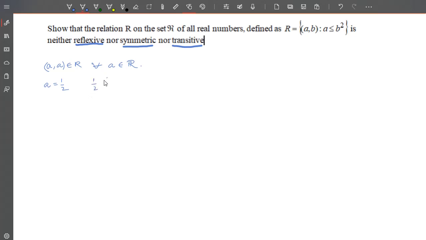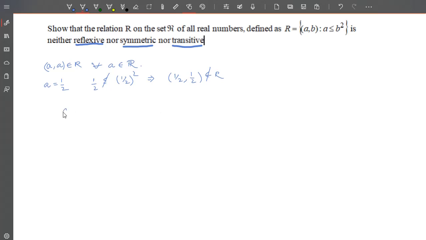Half is less than or equal to half square. Is it true? No. So (half, half) are not related. In fact, for every real number between minus 1 and 1, this relation doesn't hold.